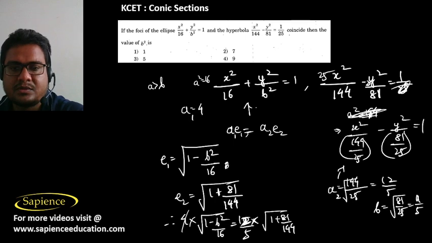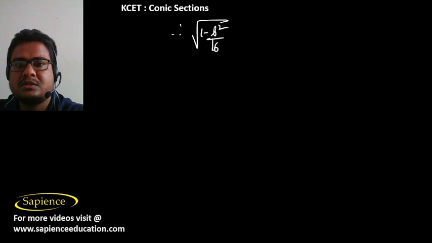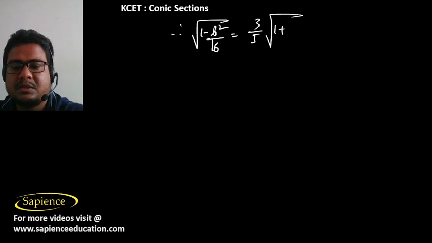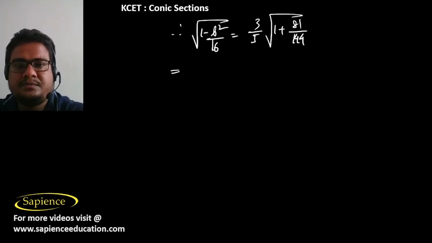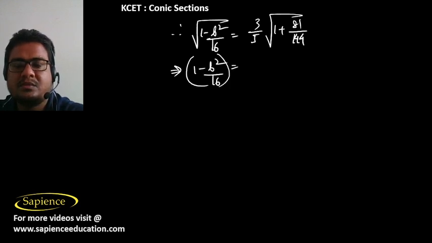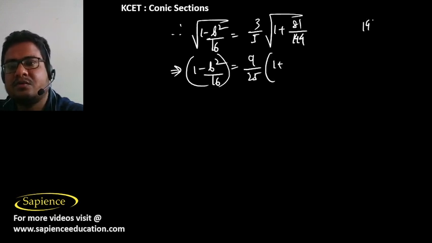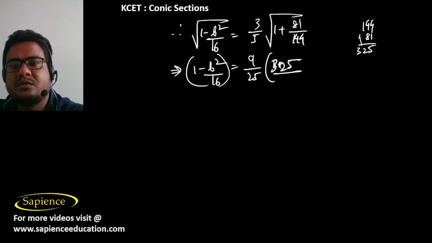So 4 3s are 12, so square root of 1 minus b square by 16 is equal to 3 by 5 into square root of 1 plus 81 by 144. So 1 minus b square by 16 will be equal to 9 by 25 into 1 plus 81 by 144, so 144 plus 81, that is 225 by 144.